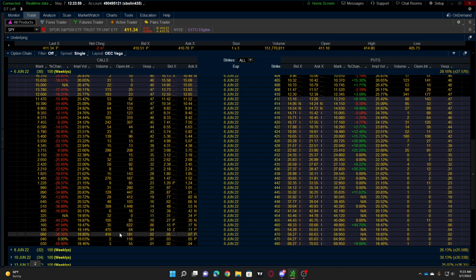Now this should make perfect sense when you think about what happens to SPY's aggregate implied volatility as the stock price rises. Generally speaking, when stock prices go up, the volatility goes down. Now that's not always true, but that's the way it normally works, and that's what we're seeing here within the options chain.